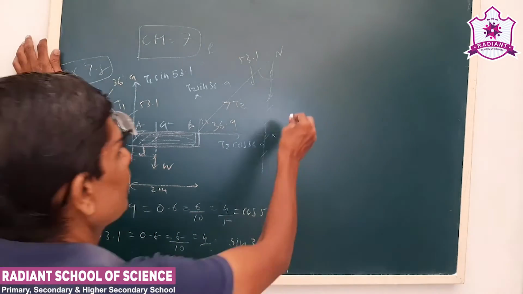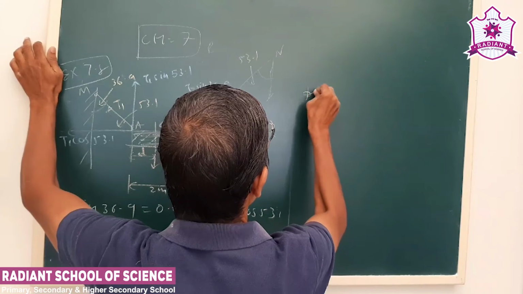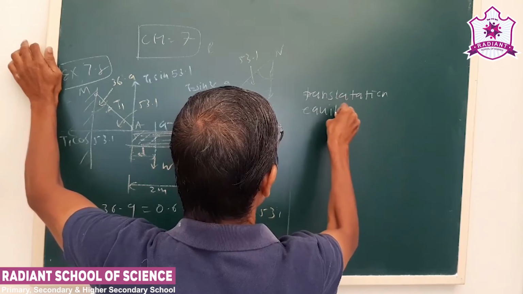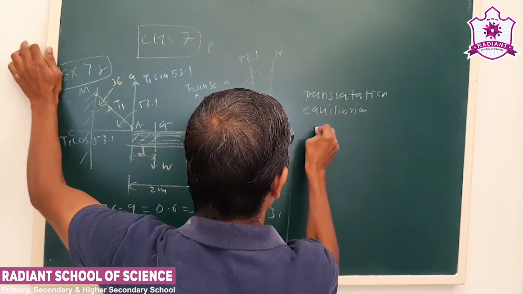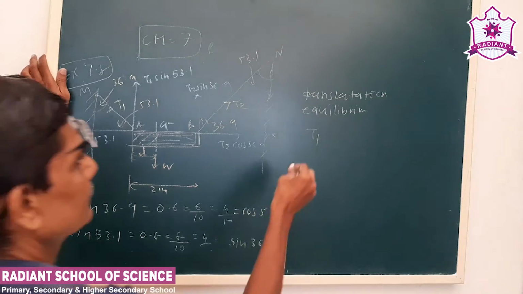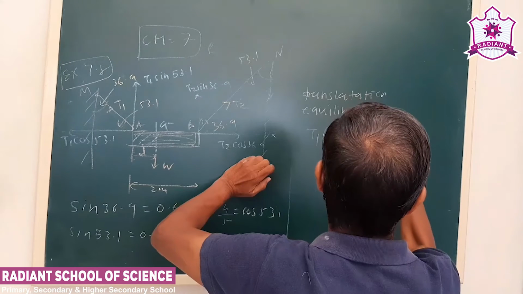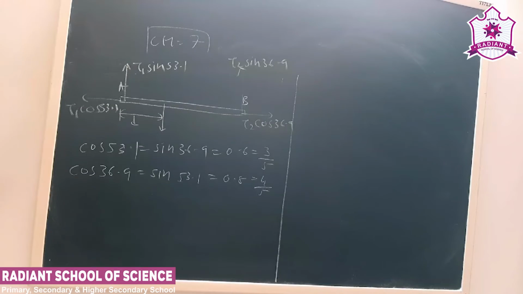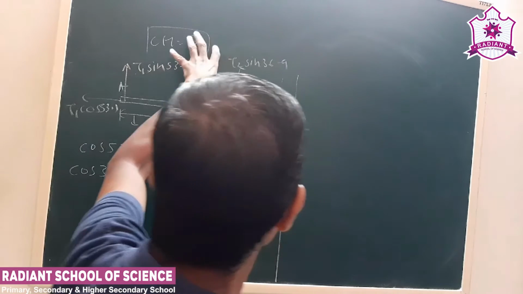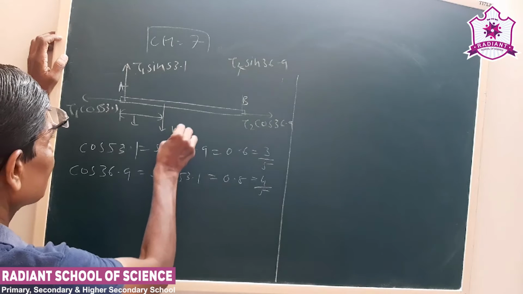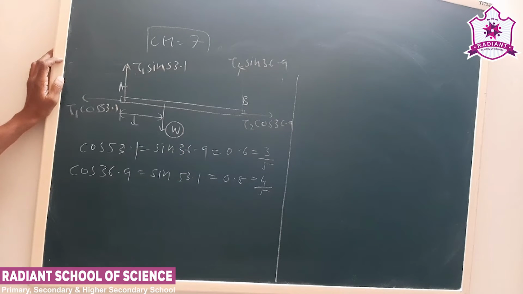Now see here, first we consider translational equilibrium. Now this will be upward force, T1 sin 53.1 plus T2 sin 36.9. Now see all these forces on the rod I have shown here again. See, now weight is in downward direction. Now let us say the weight acts at the center of gravity.